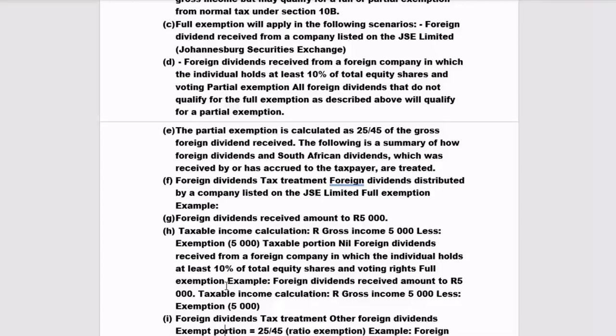Remember, that's a limited amount. The taxable portion is nil. The same applies to foreign dividends received from a foreign company in which an individual holds at least 10% of the total equity shares and the voting rights, which are fully exempted. The example would be foreign dividends received amounting to 5,000, and the taxable income calculation is nil.